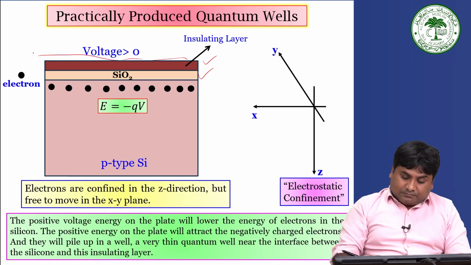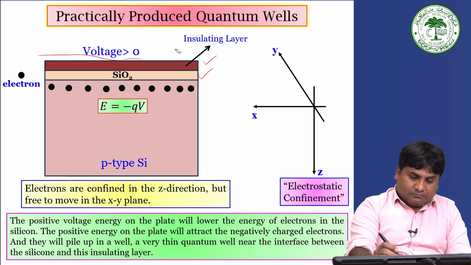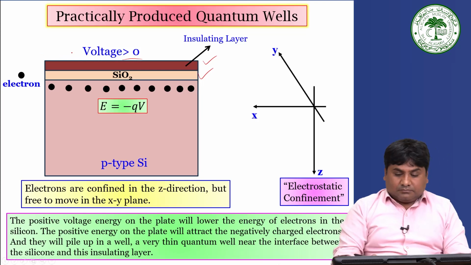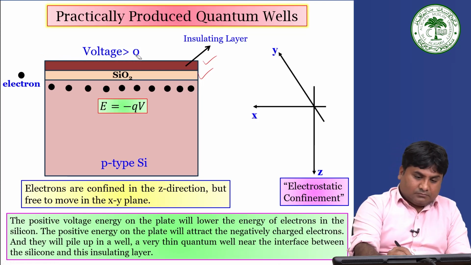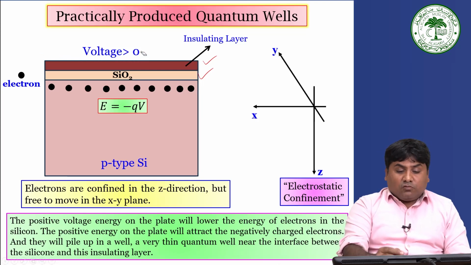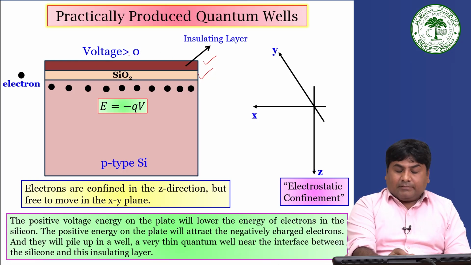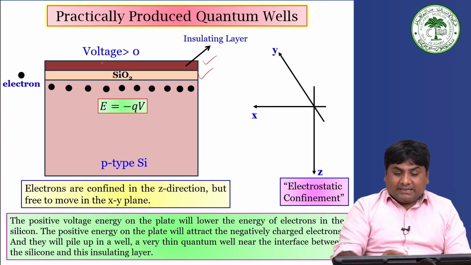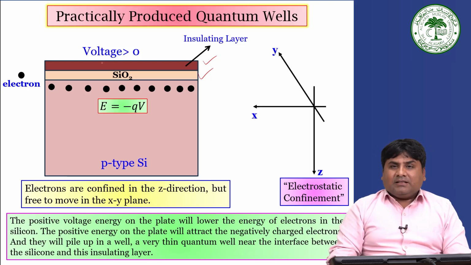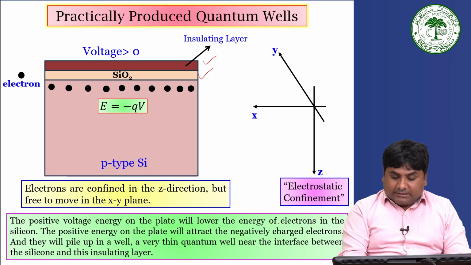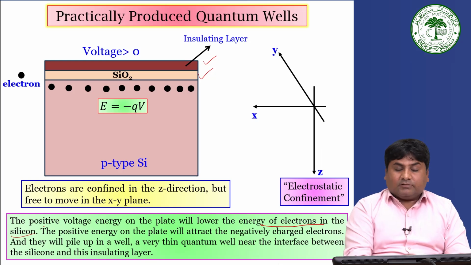Now, when you apply positive voltage on top of the metal plate, what happens? That lowers the potential energy of the electron. That means this positive voltage lowers the energy of the electron in the silicon.